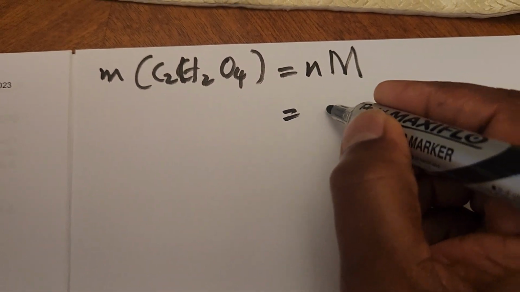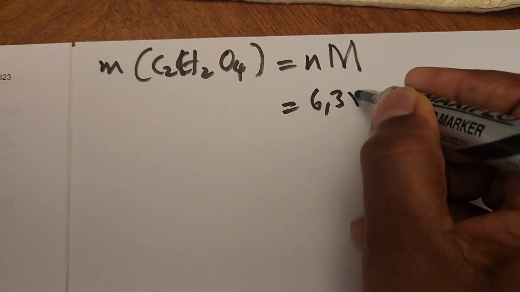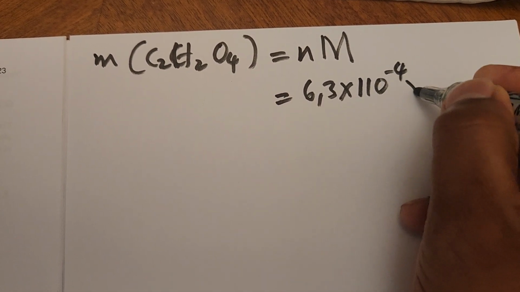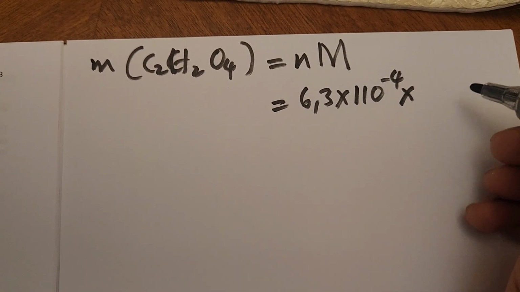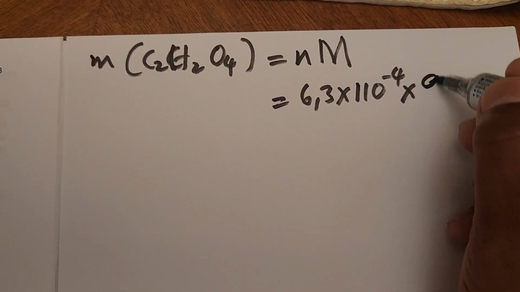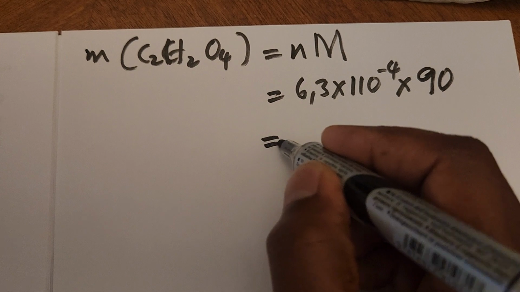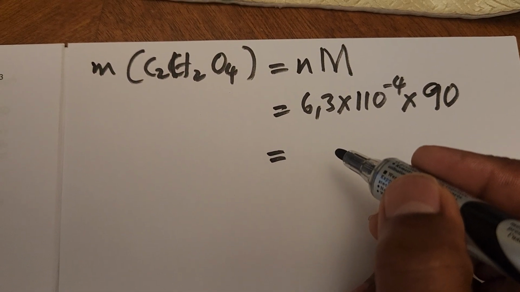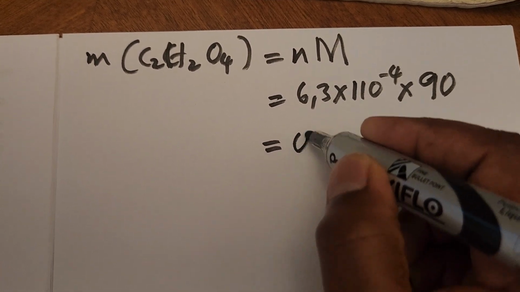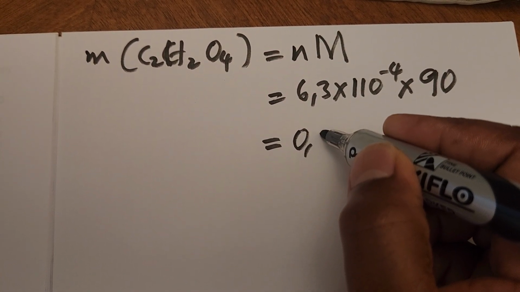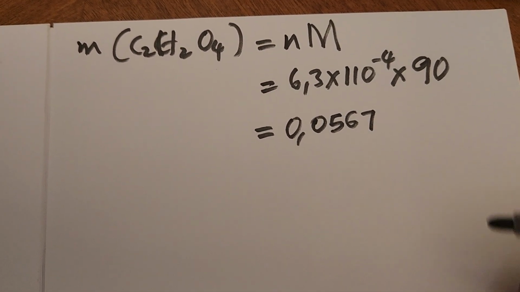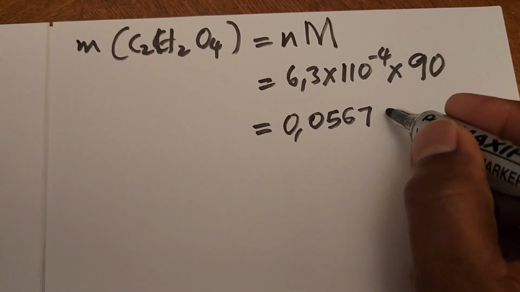Therefore the number of moles is 6.3 from the previous calculation times 10 to the exponent minus 4, multiplied by the molar mass of this oxalic acid, which is 90. Then if you use the calculator, we get 0.0567 or 5.67 by 10 to the exponent minus 2.